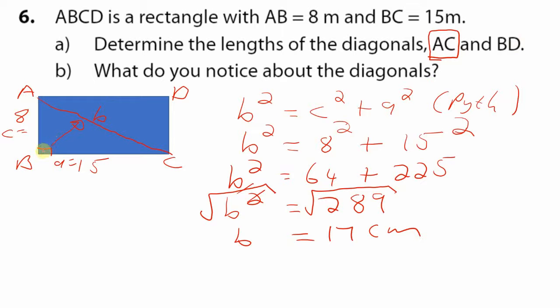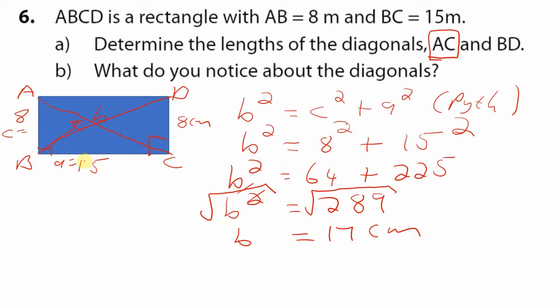Next we need to find the length of diagonal BD. So this time around we can say this angle is 90 degrees. But since in a rectangle opposite sides are the same length, this must also be 8 centimeters. So can you see we should get the same answer, because we are again working with 15 and 8.